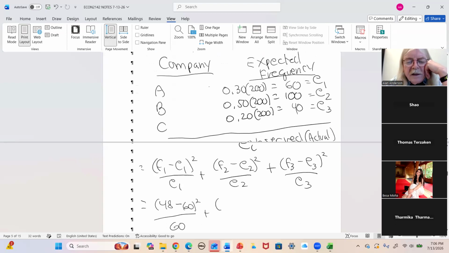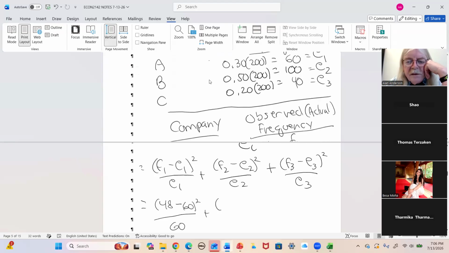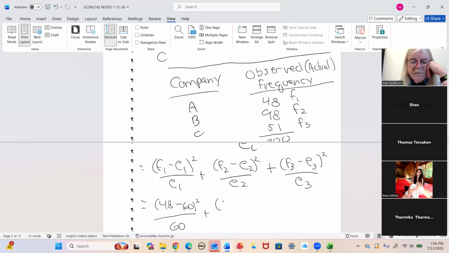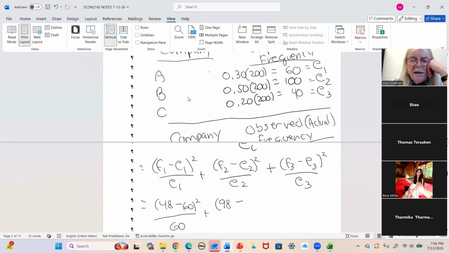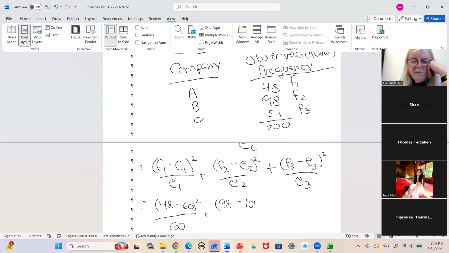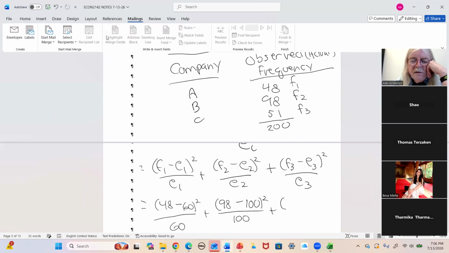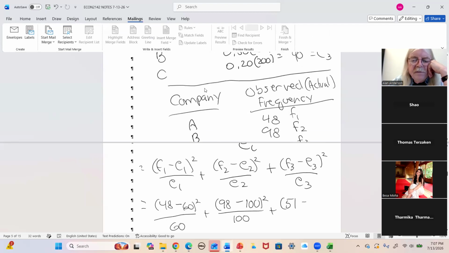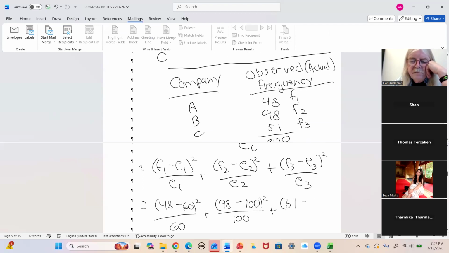And in the second category for company B, we have 98, 100. And then finally, we have 51 minus 40 squared over 40.